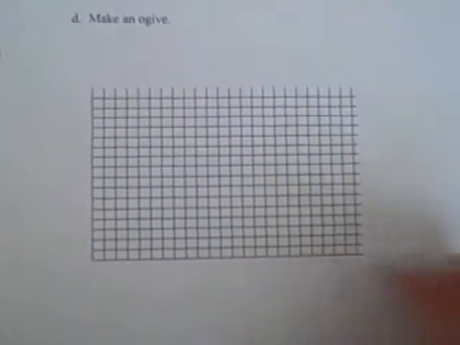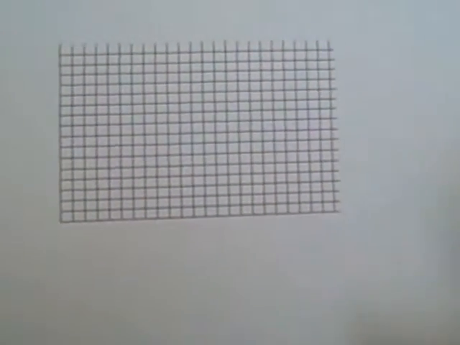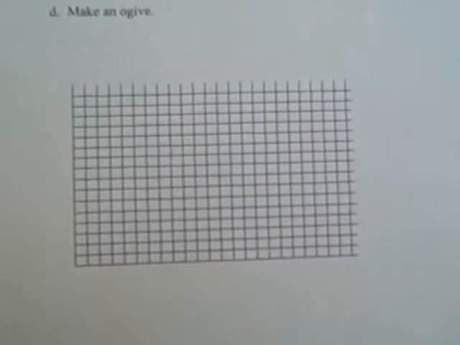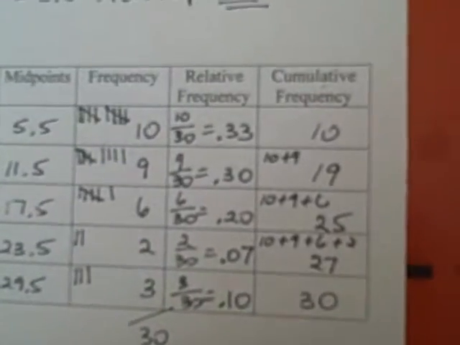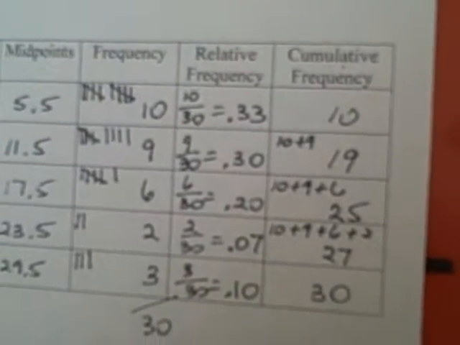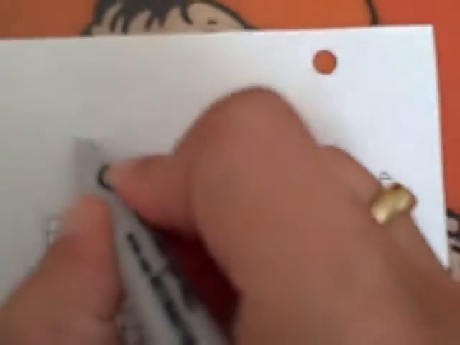Making an ogive. Now, we've used frequency, we've used relative frequency, so it makes sense that this one's going to use cumulative frequency. So, on our vertical axis, we're going to write cumulative frequency.